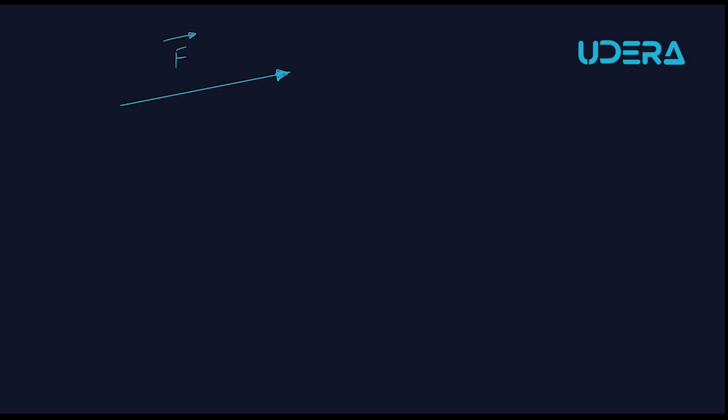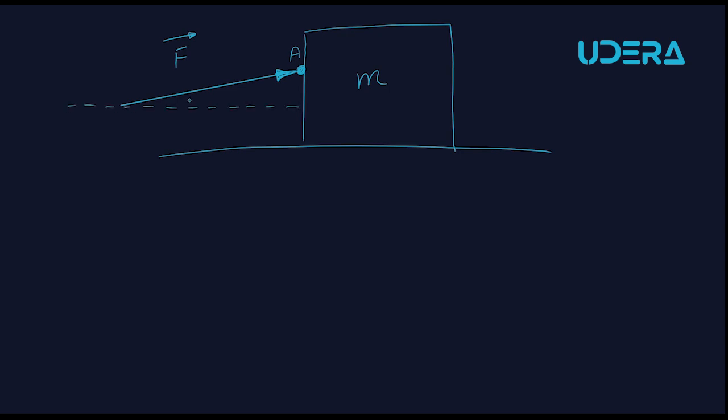When force is applied on a body, its action is defined by the magnitude, angle, and point of application. For example, here point A is the point on which this force has been applied, and of course the angle plays an important role in the definition of the process.